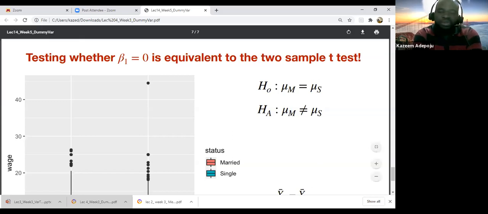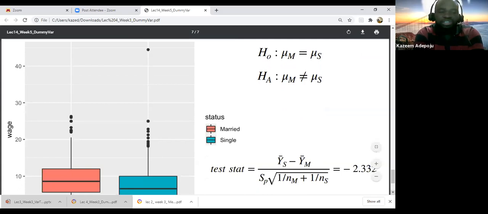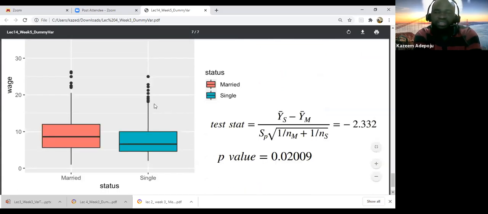So when you have something like that, like I said, I showed you the box plot the other time. This is the box plot. If you want to do that, of course, we're going to make use of this formula right here. Do you remember what you did under the two sample t-test? This is the mean of wages of single.